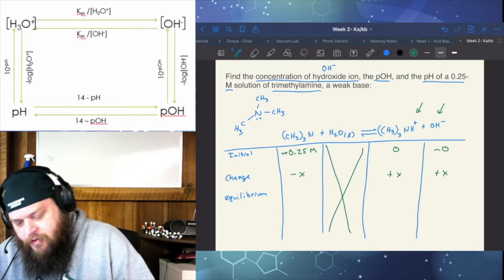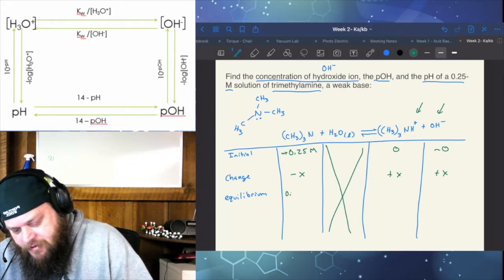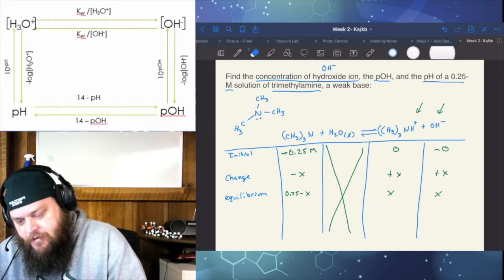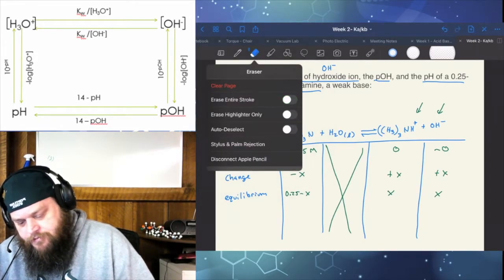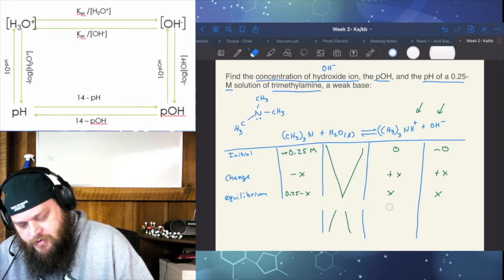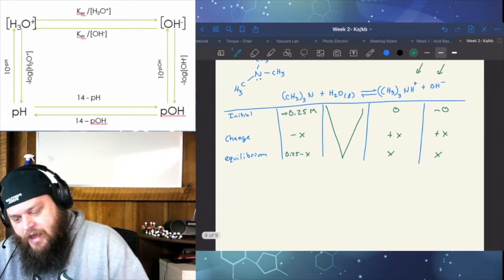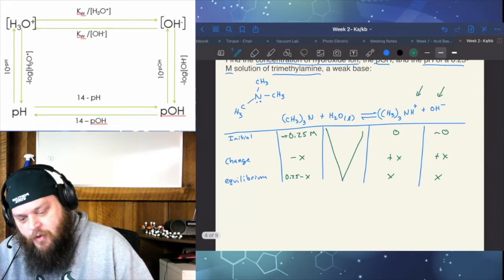So at equilibrium, we can write out this expression, 0.25 minus X is the concentration. And then these concentrations are there and there. So now writing out our KB equation.